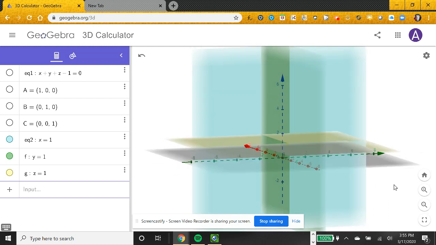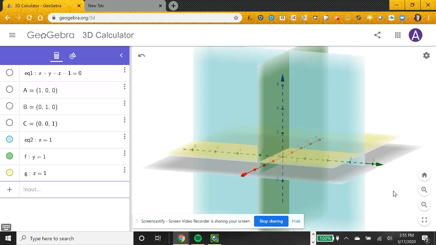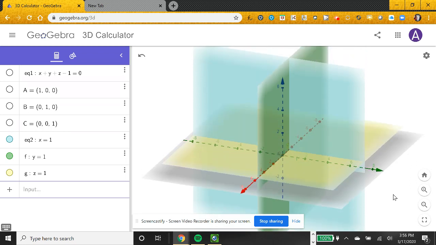And I hope you can see that the yellow one is parallel to the xy plane, which is pretty cool, I think. And where all three intersect is an interesting point. They intersect at the point 1, 1, 1. So the intersection of three planes like that, that are perpendicular to each other, is a point, which is pretty cool.